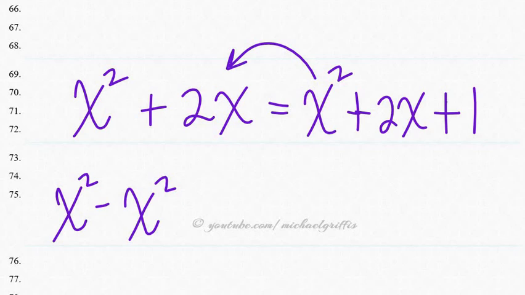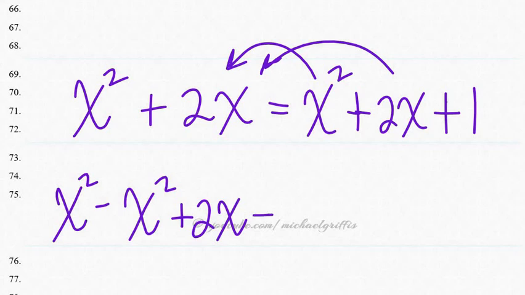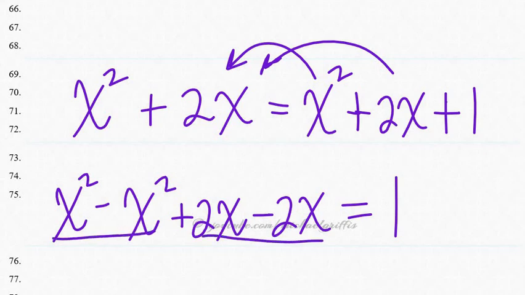And then we could also take this over, which means you're just subtracting 2x from both sides. And we're left with 1. But what happens here? That's 0. That's 0. And so we're left with 0 is equal to 1. No, that's not true. 0 is not equal to 1. So as you can see, this has no solution.